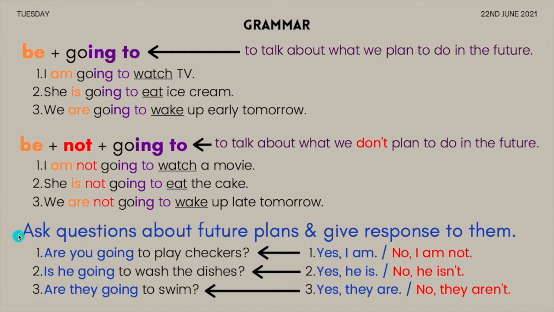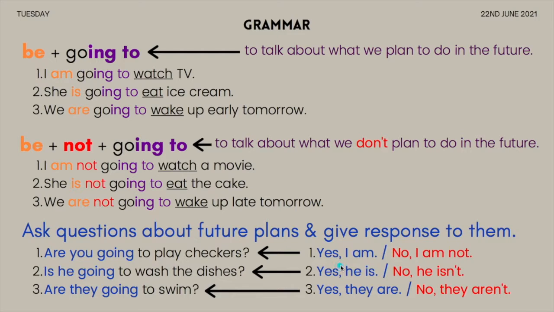Now for the third part, to ask questions about future plans and give responses to them. But for today, I want you to focus on answering the questions. Let's look at the first question. Are you going to play checkers? If the answer is positive or true, simply answer it this way.